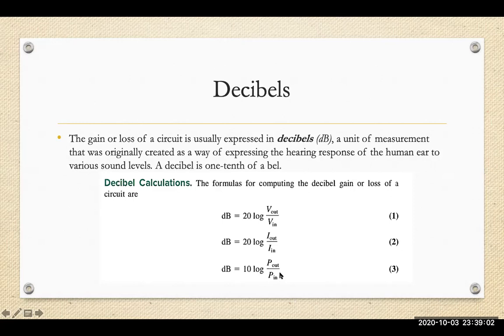Now, if we're given the power, so power output over power input, take the log of this ratio and multiply it by 10, and you will have the dB value of the power gain.